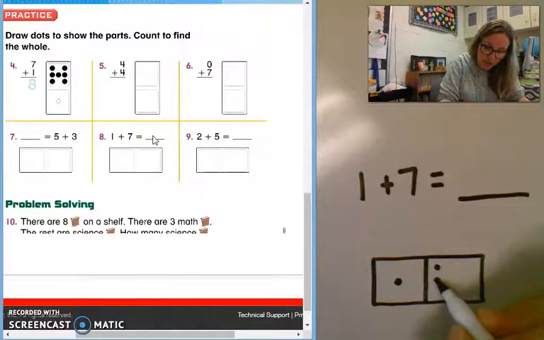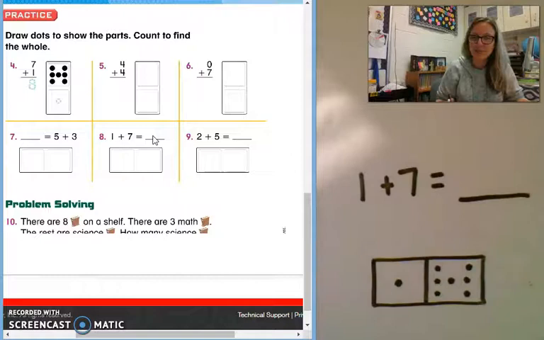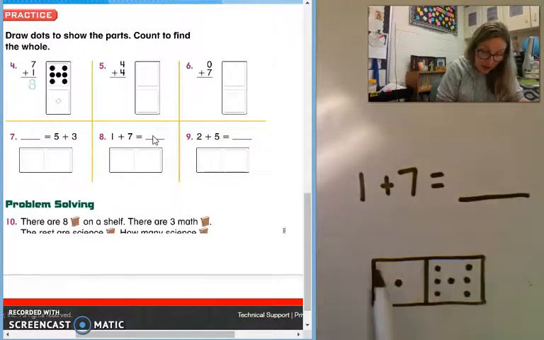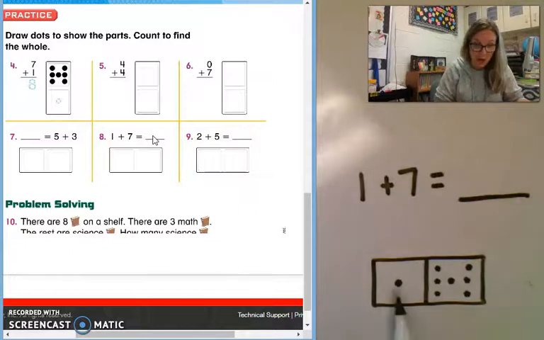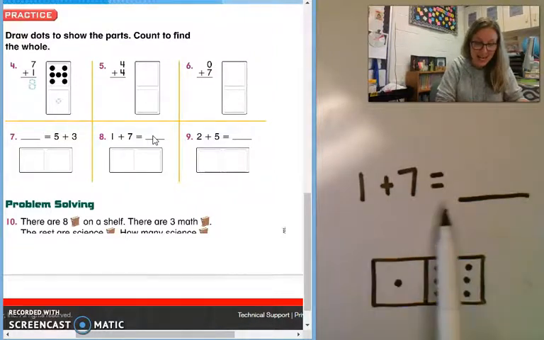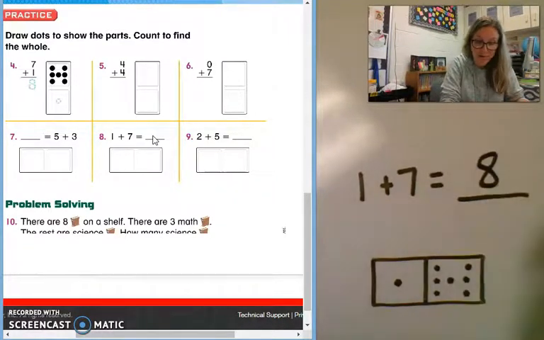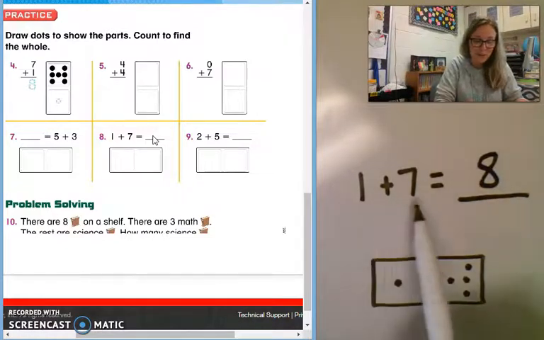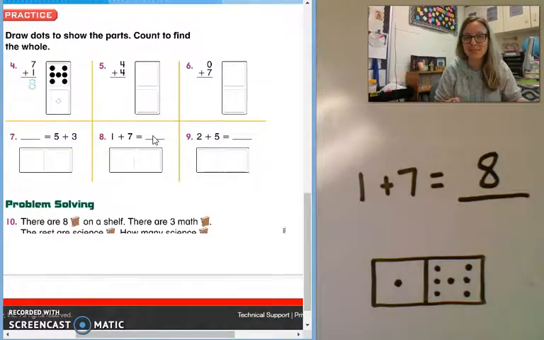That's 1, 2, 3, 4, 5, 6, 7. Now I can count up how many there are all together: 1, 2, 3, 4, 5, 6, 7, 8. And my total, or my whole, or my sum, 1 plus 7 equals 8.